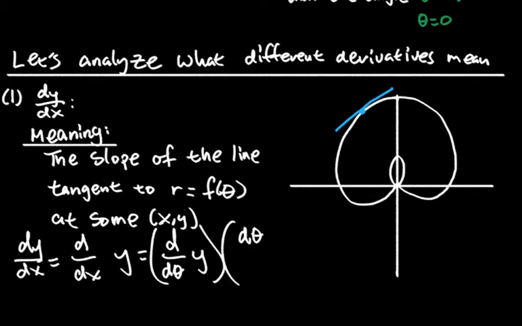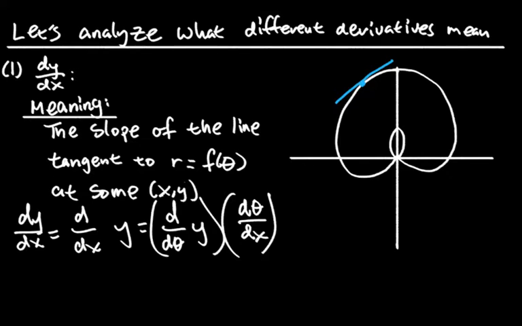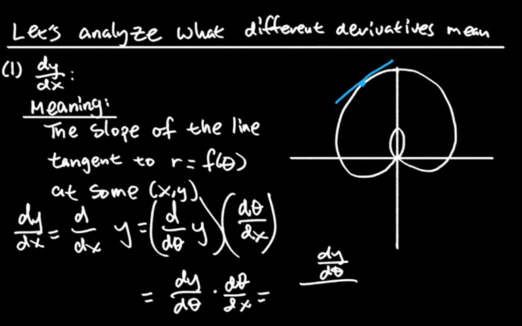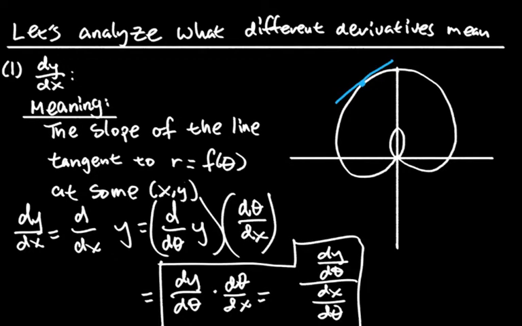So we just differentiate theta with respect to x. So chain rule. That's your friend here. Chain rule everything. So essentially you can think of it as dy/d theta times d theta/dx, or you can also think of it as dy/d theta divided by dx/d theta, whichever one makes more sense to you, and sometimes there's situations where one would be more useful than the other.